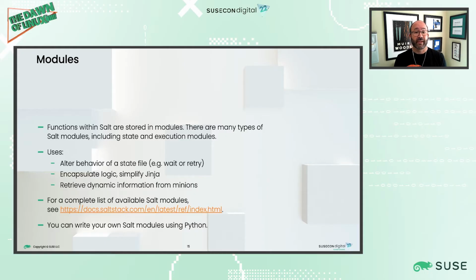And we can talk more about what kind of information is passed back and forth in a minute. There's a complete list of available Salt modules in the SaltStack documentation, or you can write your own Salt modules. Everything in Salt is written in Python and YAML, so you can do anything you want to extend the functionality of Salt using Python.